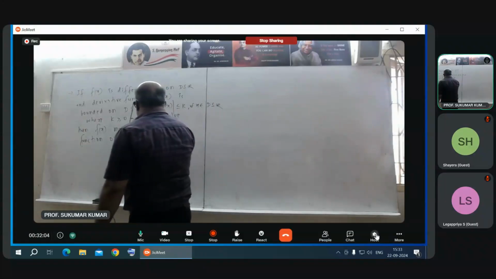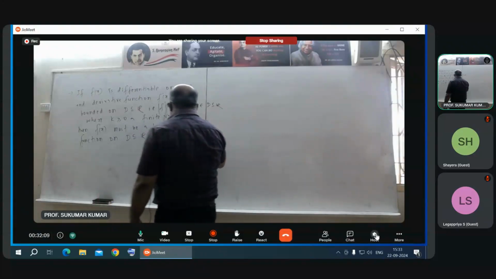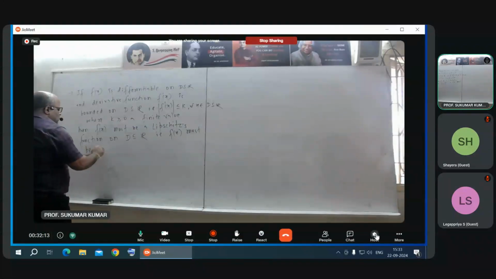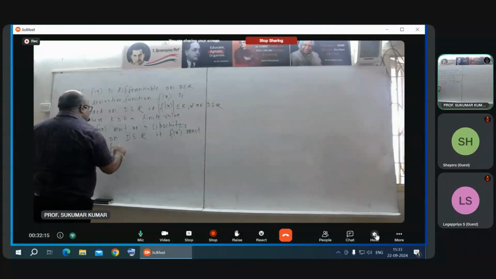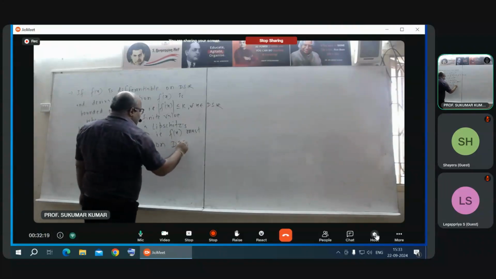So one line you can write, that is, our function must be uniformly continuous on that domain D, because we need uniform continuity.